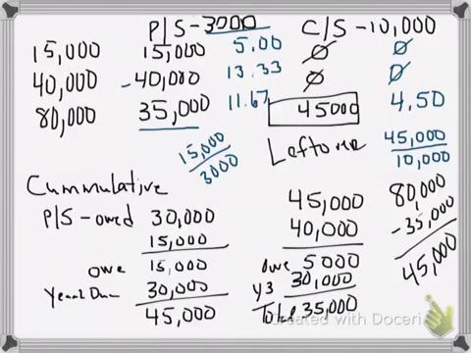So each shareholder would receive $4.50 per share for common stock. This is the cumulative method, where we have to accumulate, and the preferred stockholders get paid their money before the common stockholders can get anything.